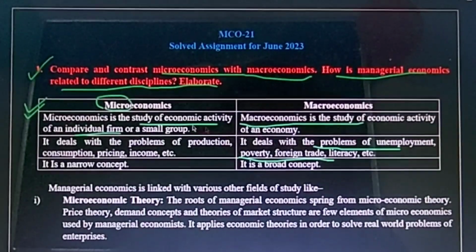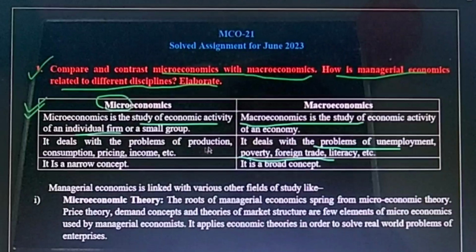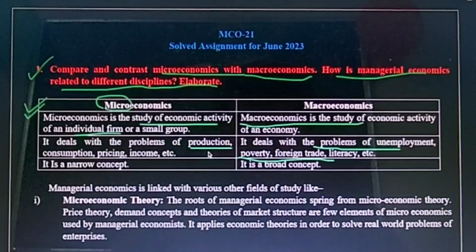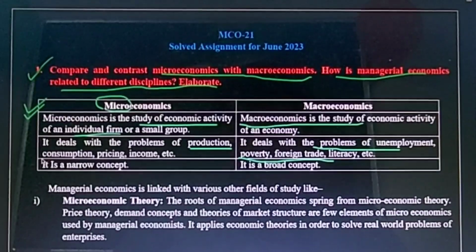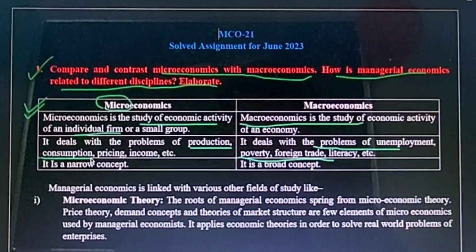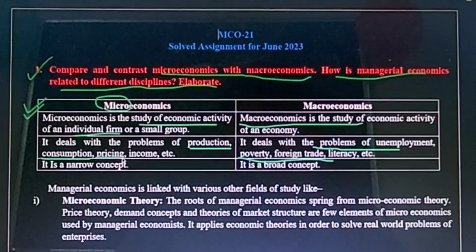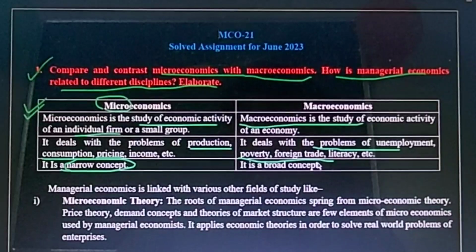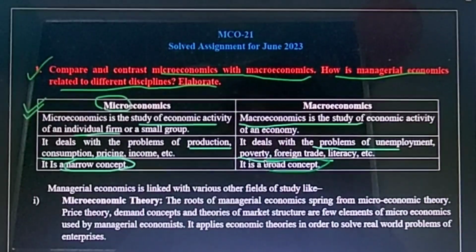Whereas microeconomics studies the individual problems of a firm, like how to do production for consumers, which commodity to buy, how to price a product. So definitely microeconomics is a very narrow concept, whereas macroeconomics is a very broad subject.